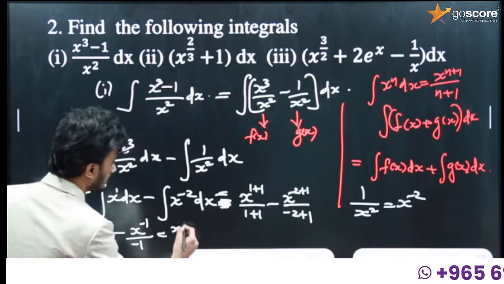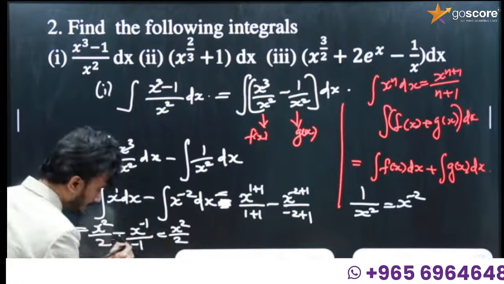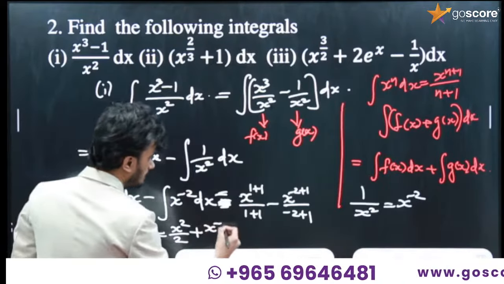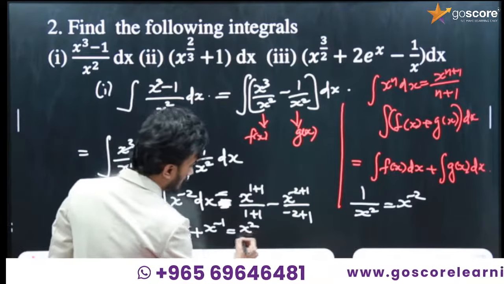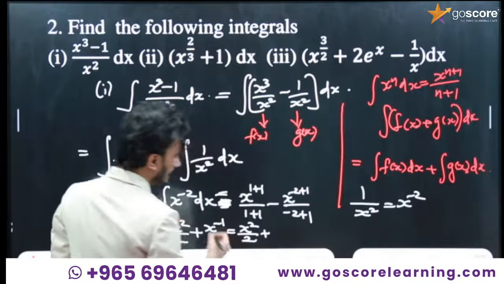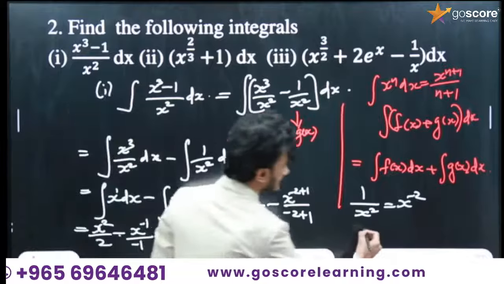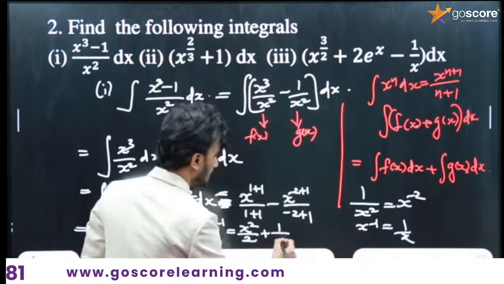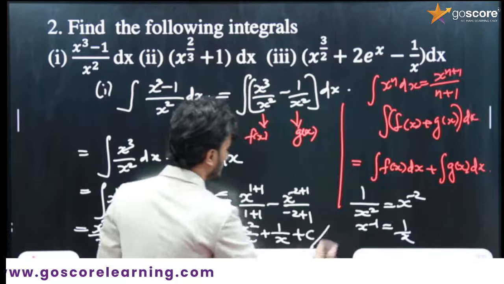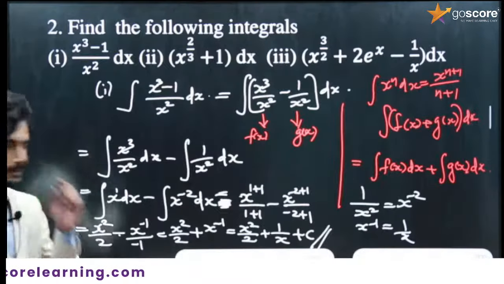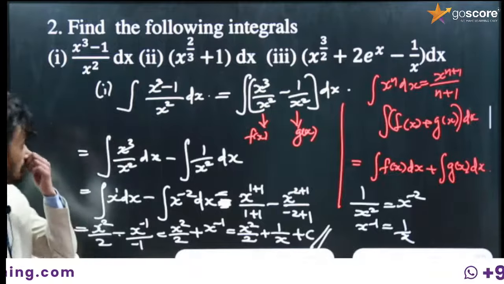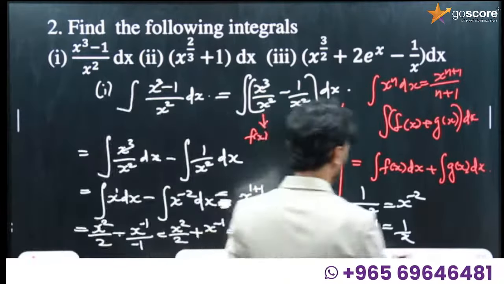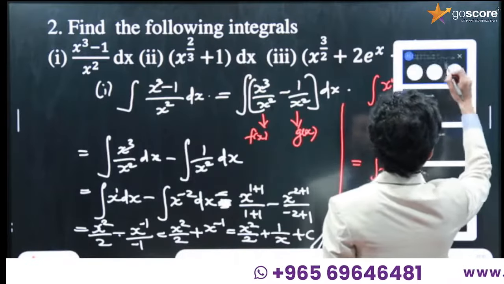So it is x square divided by 2 minus into minus 1, it is plus x raised to minus 1. X raised to minus 1 we can write as 1 by x. So x square by 2 plus 1 by x plus c. This one is the answer for this question.